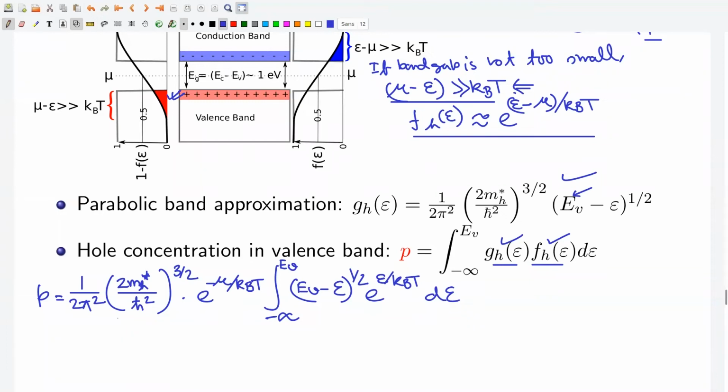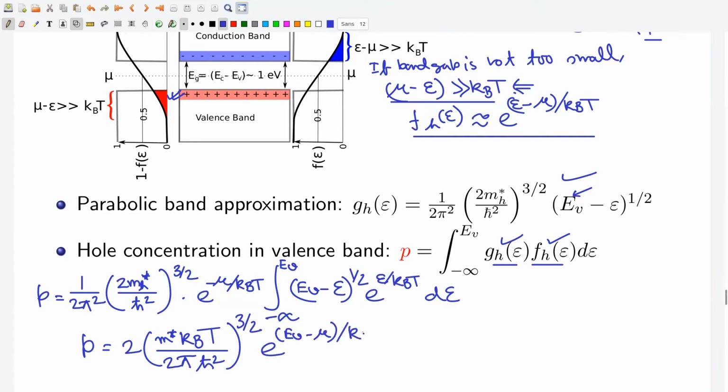And evaluating this integral, we get P is equal to 2 times (m star kBT divided by 2 pi h bar square) whole power 3 by 2 exponential (EV minus mu) divided by kBT.